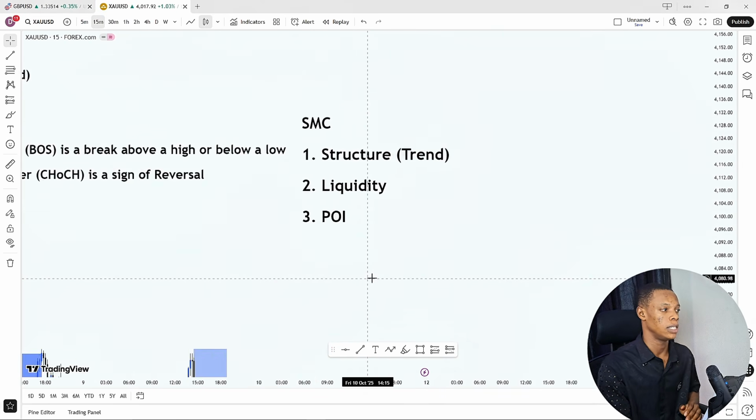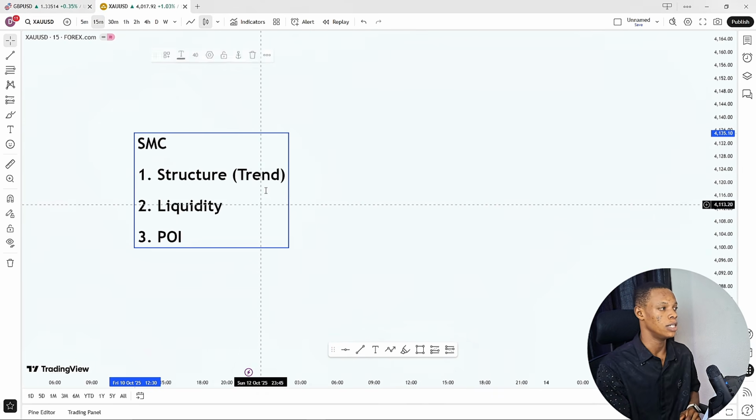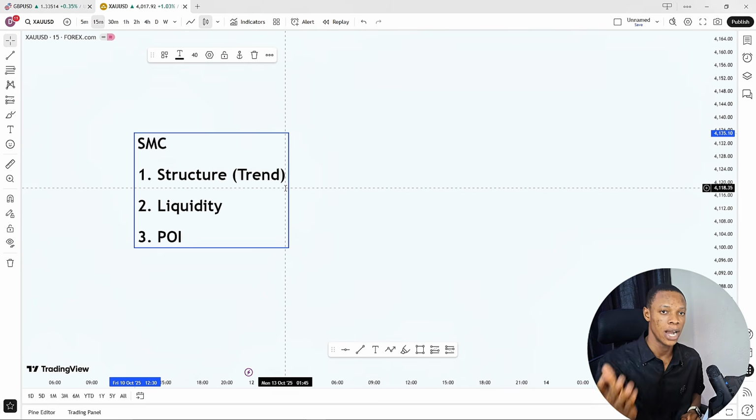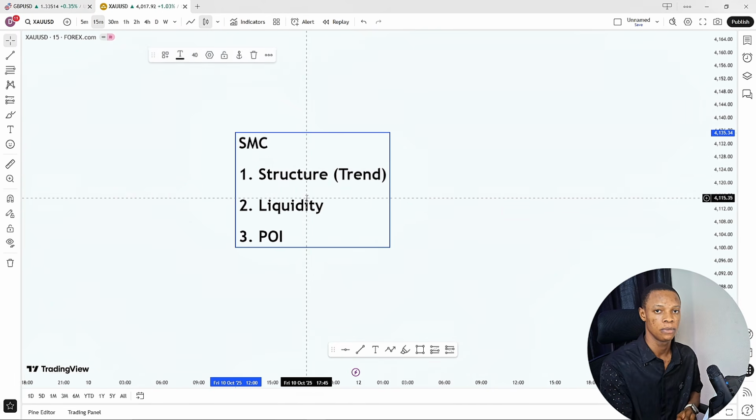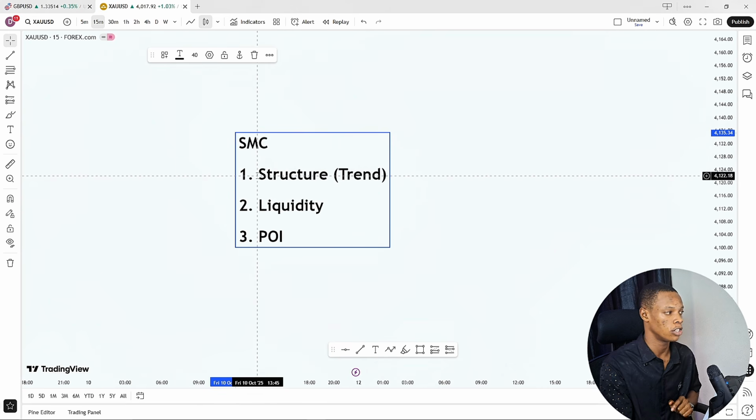Now, these are the 3 things I use with this SMC. SMC is wide. We have a lot of things with this Smart Money Concept. We have your fair value gap, mitigated block, different names, right, with this very strategy. But these are the 3 things I use. It's very simple. The first one is the structure.